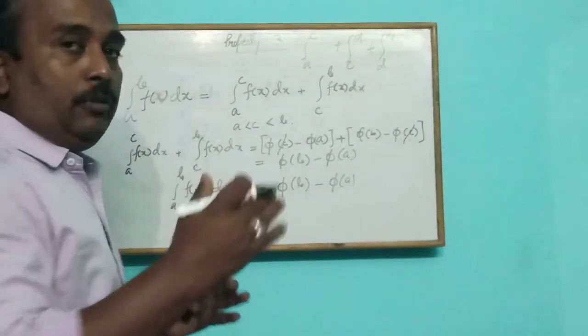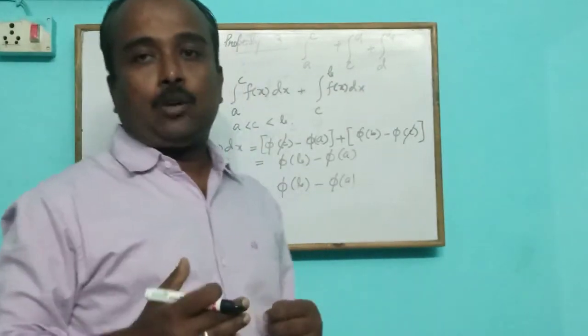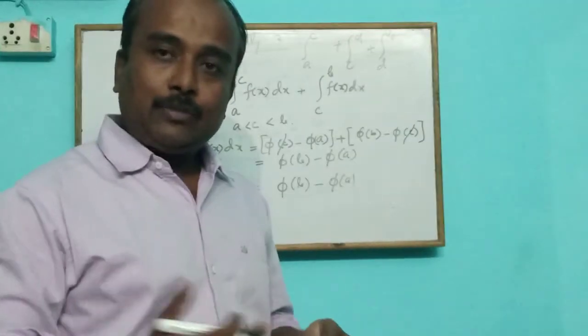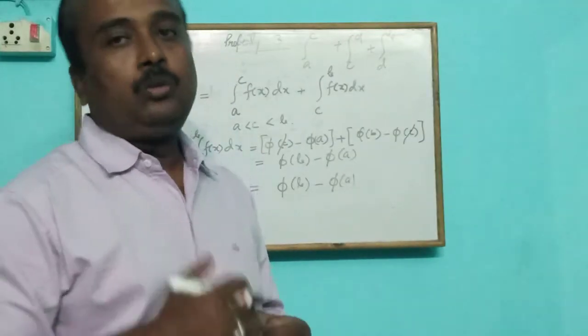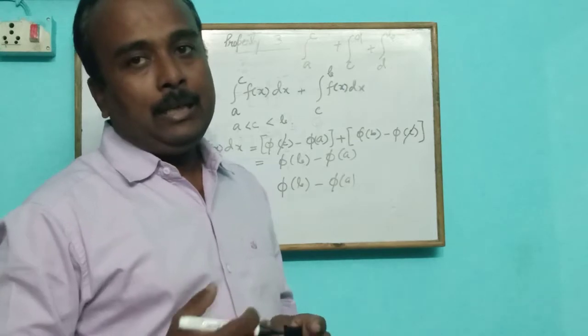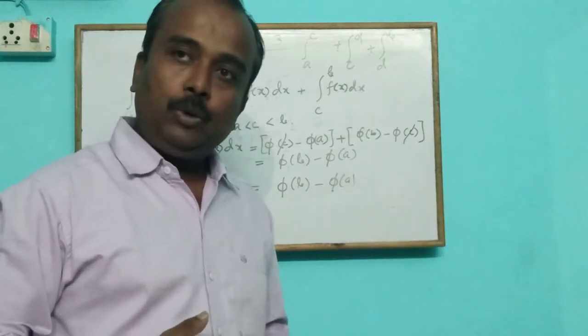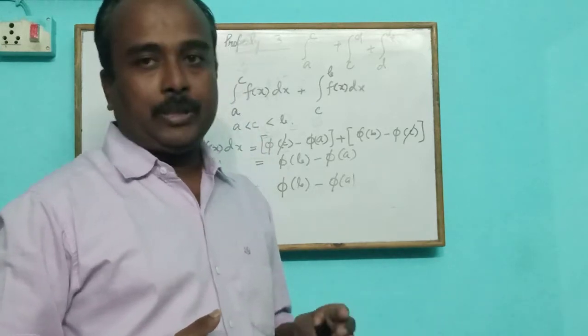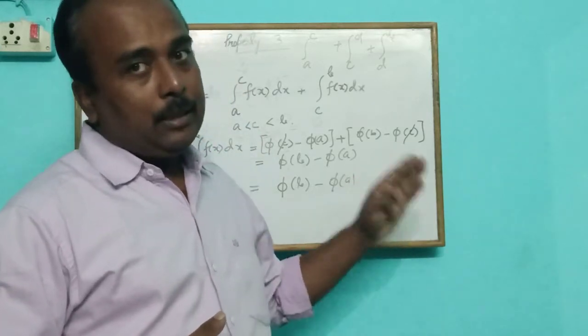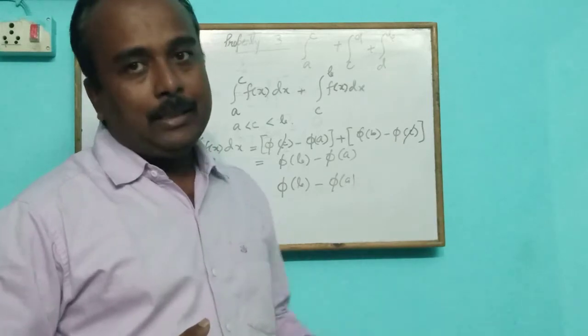So we could write it into three integrations, and this will help us to solve the definite integral easily. When we see the examples based on this, I think you will understand the properties much better. Now let us only understand the properties. Its use we shall see in the next video.